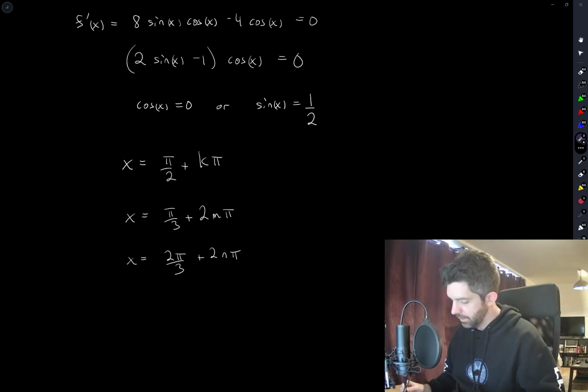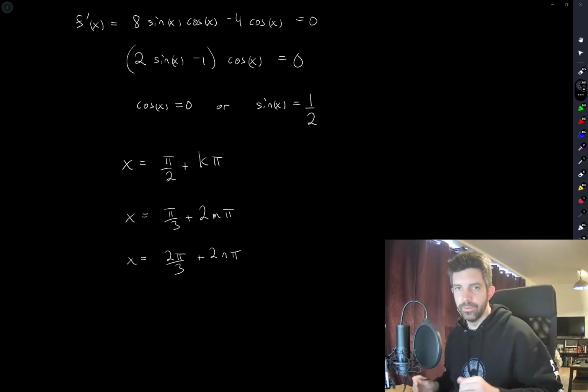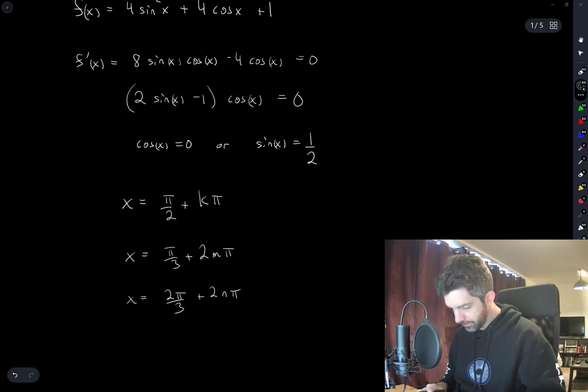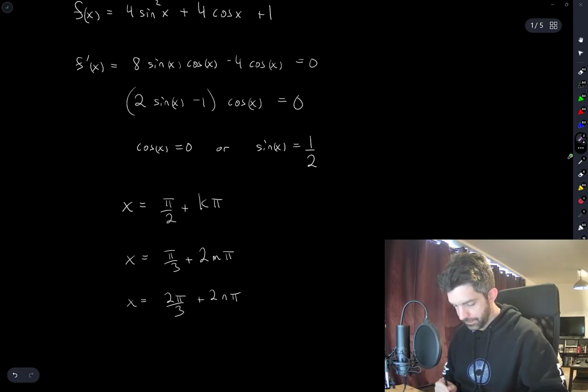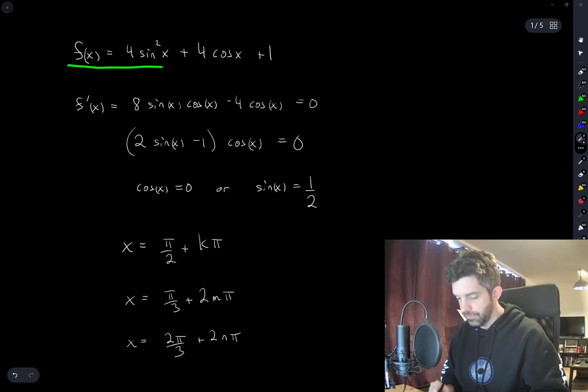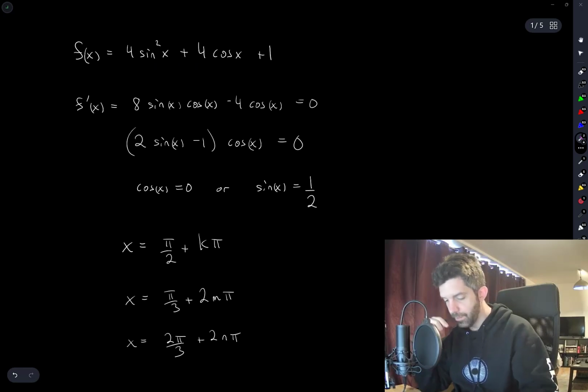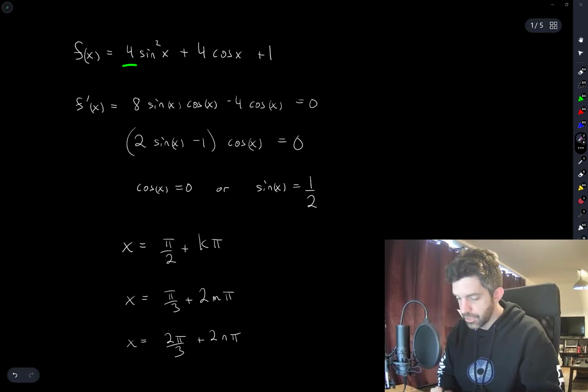If I wanted to be very confident, I would plot the functions, draw some triangles, and things like that. So we found all the places where the derivative of this function is equal to 0.